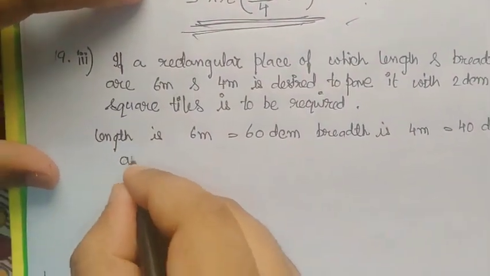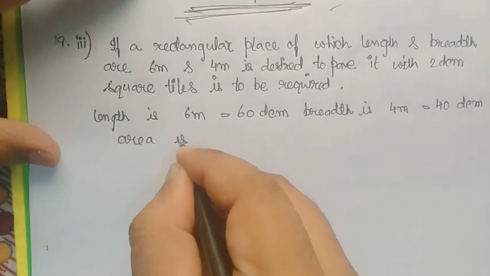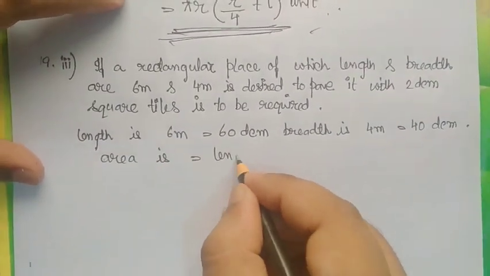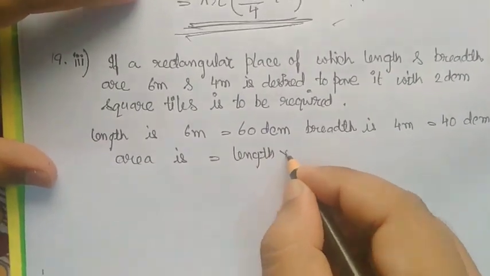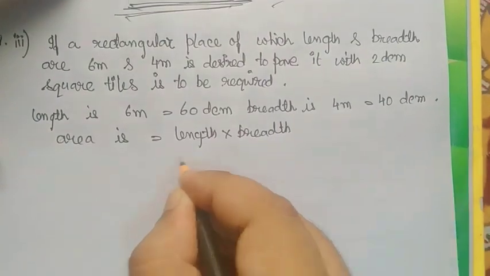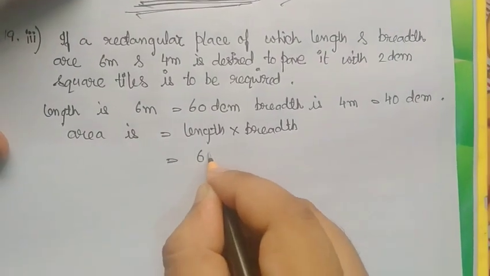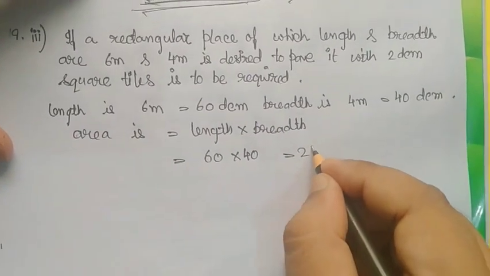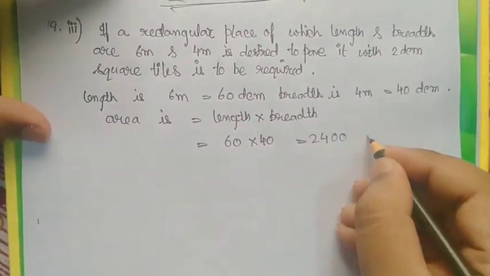So therefore area is, we know the area of a rectangular place is length into breadth. So length into breadth, it should be 60 into 40, 2400 dcm square.